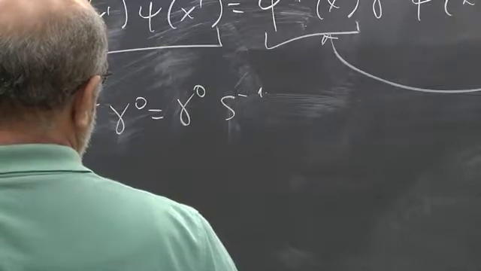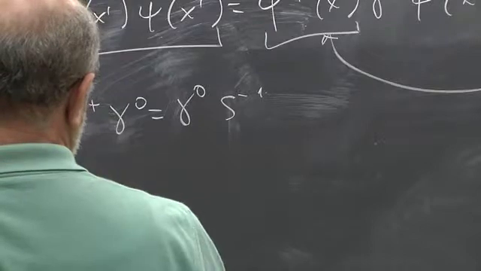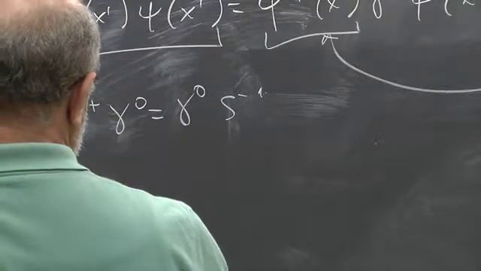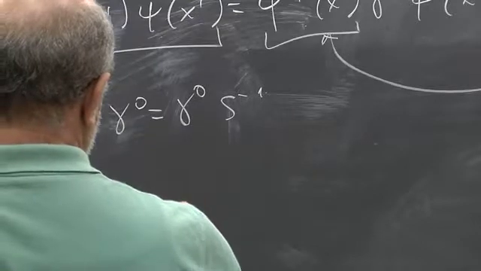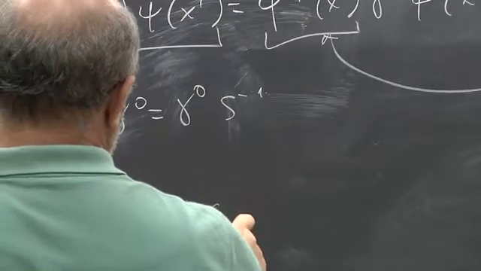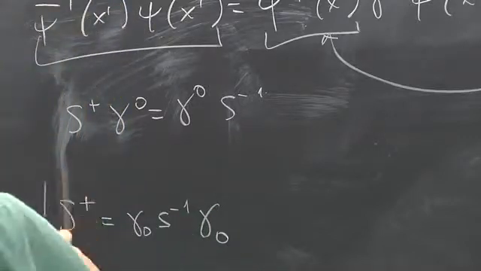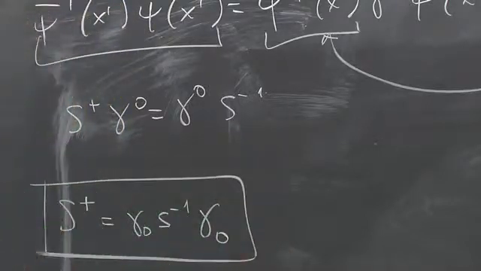Yesterday we proved that S dagger is equal to gamma 0 S to the minus 1 gamma 0, right? Remember that we said, look, the S are not all unitary. The ones related to the rotation are unitary, but the ones related to the Lorentz boosts are not.